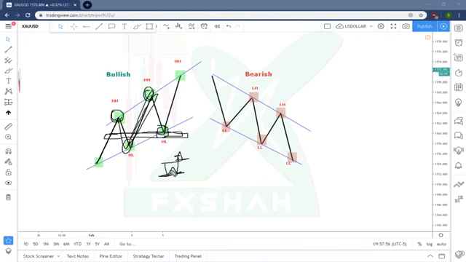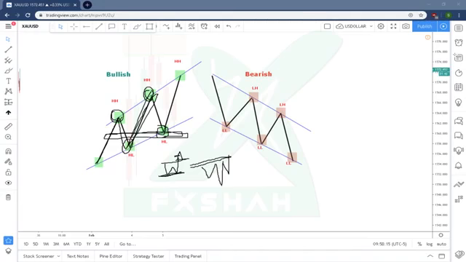This is one example. Or we can use a reverse head and shoulders. On the neckline break, we will enter a trade. So it's totally dependent on your strategy.